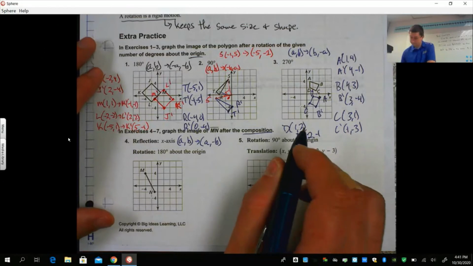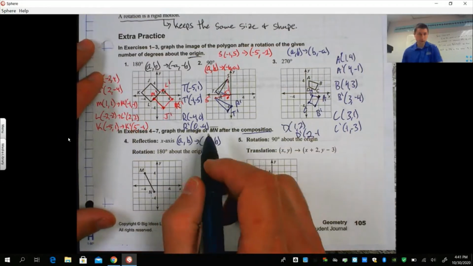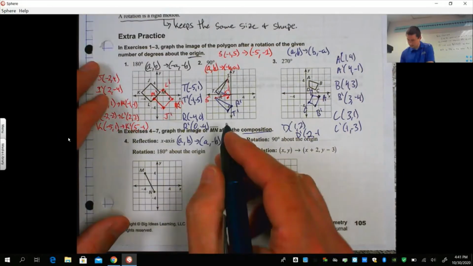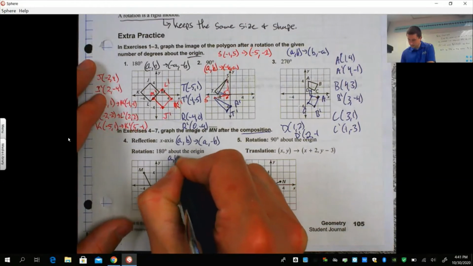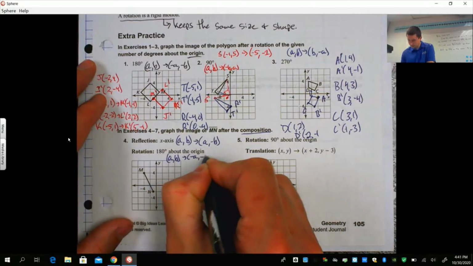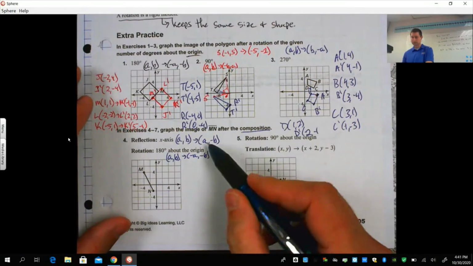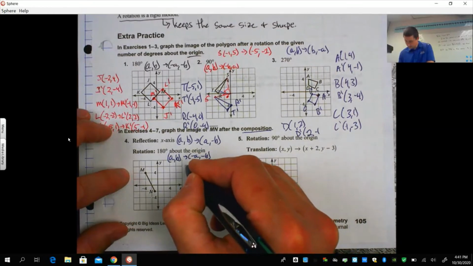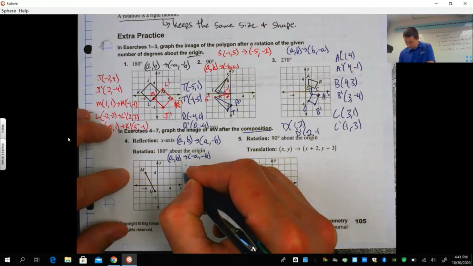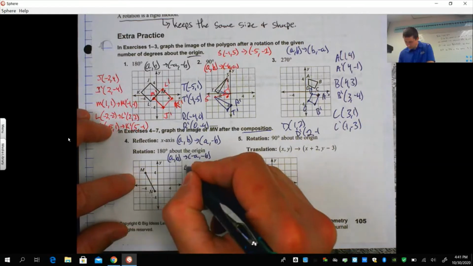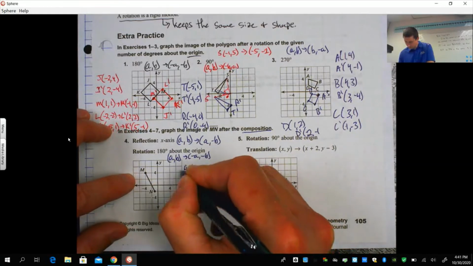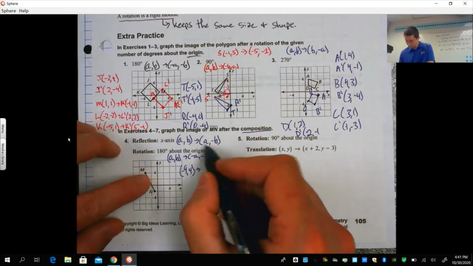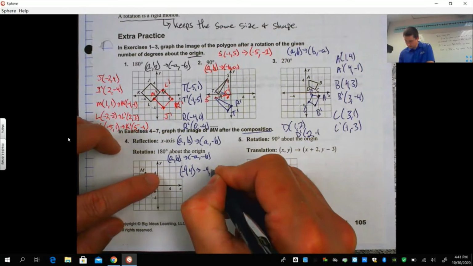So AB goes to A, negative B, and then after we do that, AB goes to opposite of A, opposite of B. So this is going to be a prime and a double prime. So if M is at negative 4, 4, when we do the first one, it's going to go to negative 4, negative 4.